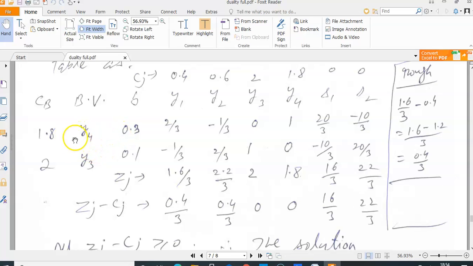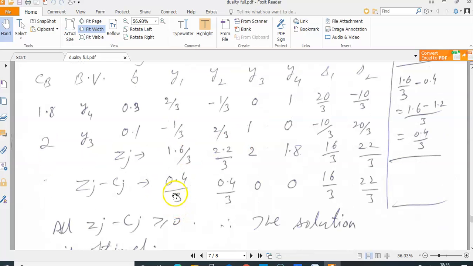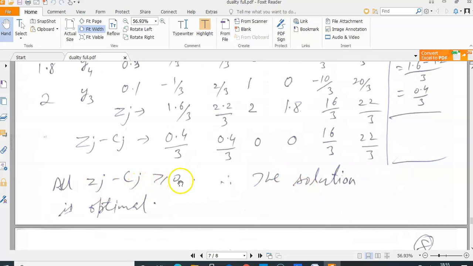We can see here that y4 is equal to 0.3 and y3 is equal to 0.1, and these are the corresponding CB values. In the Zj minus Cj row, all these values are positive. So all Zj minus Cj are greater than or equal to 0, therefore the solution is optimal.